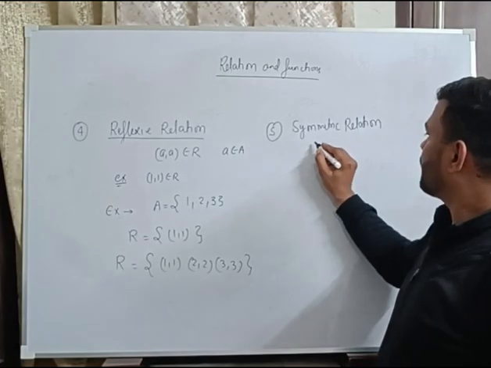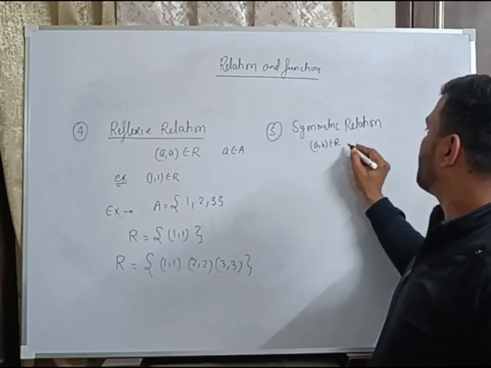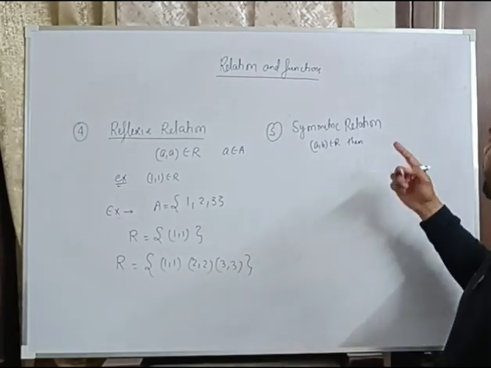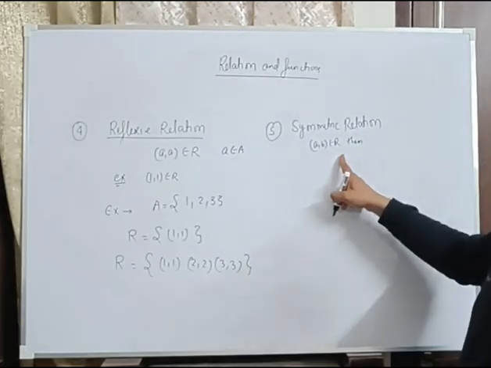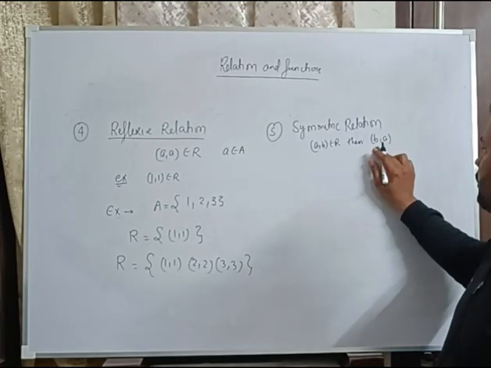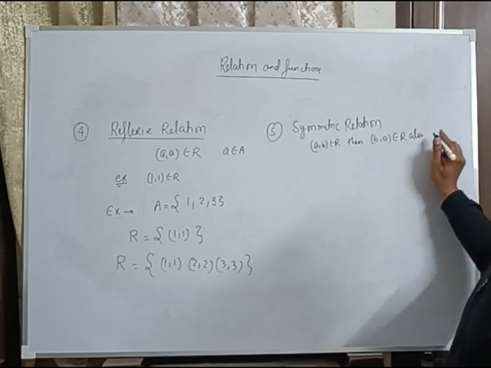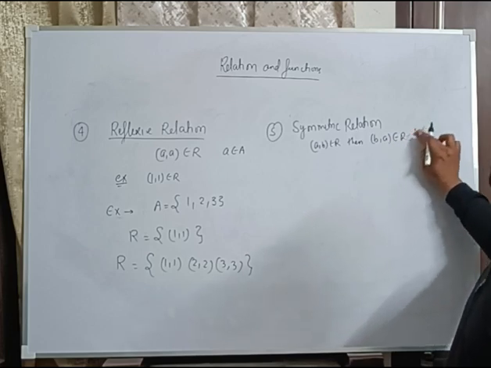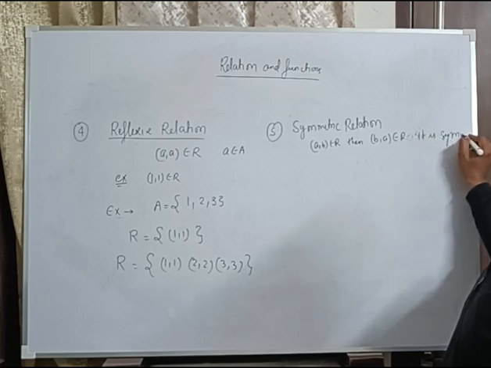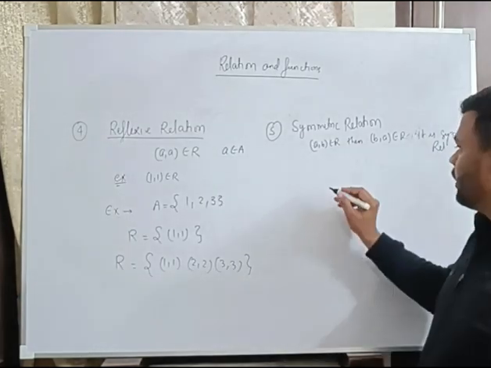If a comma b belongs to R, and b comma a also belongs to R, then it is a symmetric relation. For example, let me give an example.